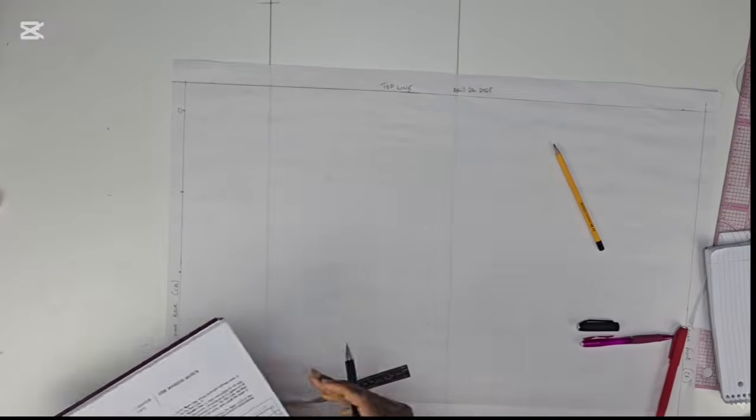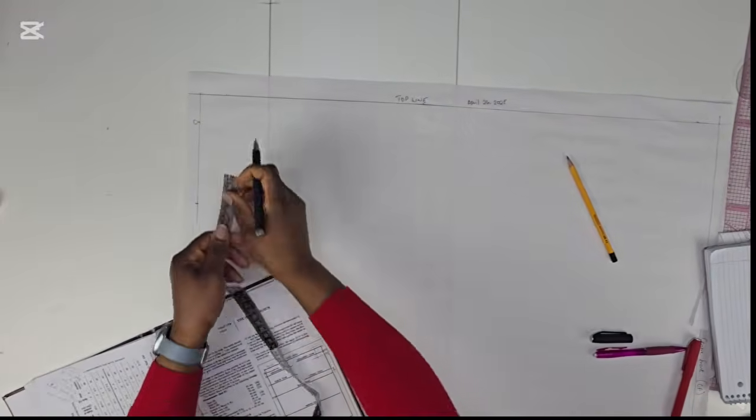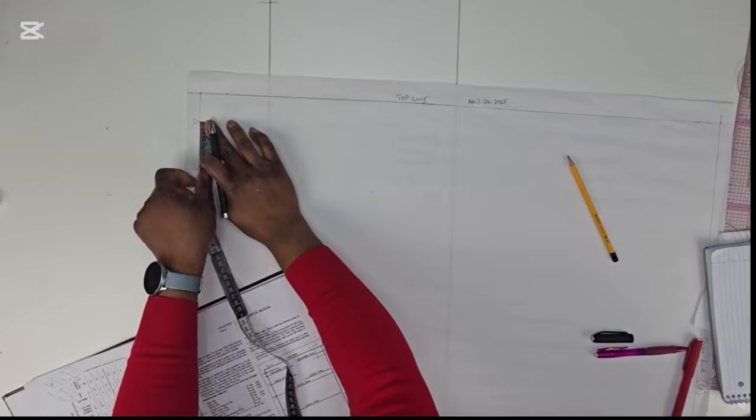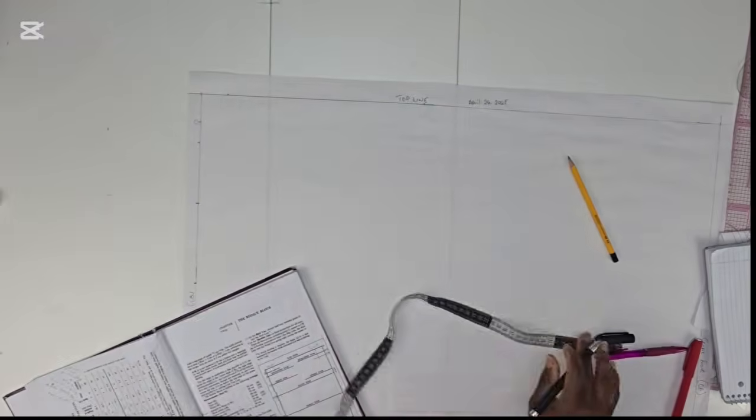Okay, so we'll do the shoulder line 3 centimeters from point O again, still from point O. So we come down from point O 3 centimeters. Like I said, I'm going to be ruling all these lines forward, and I'll put the names on the line.